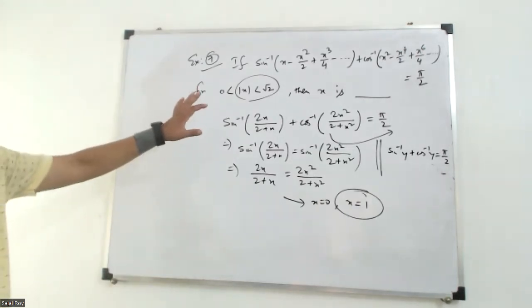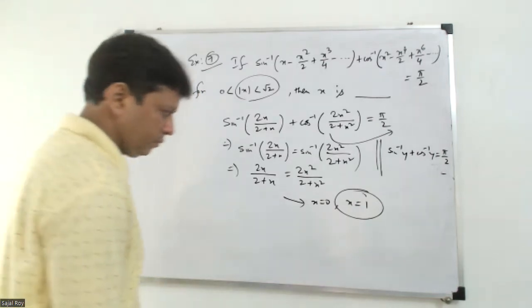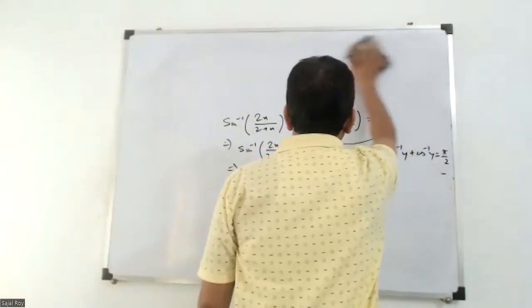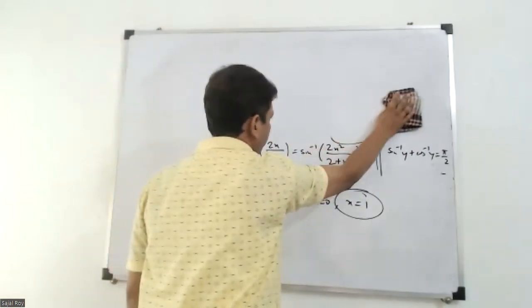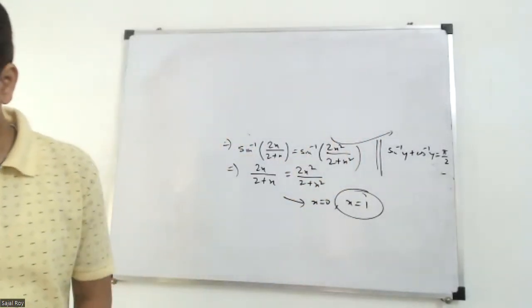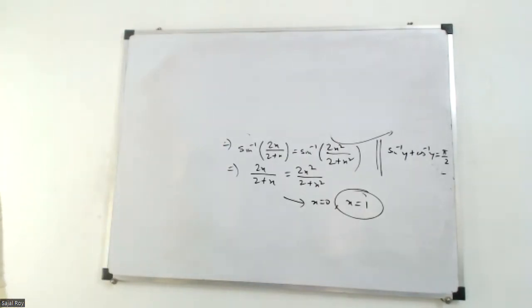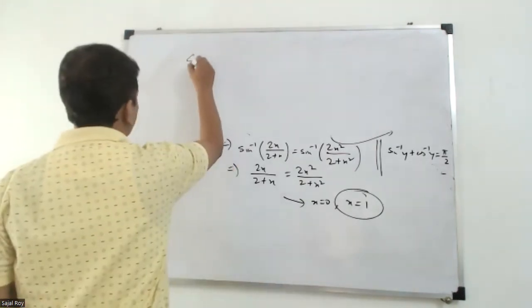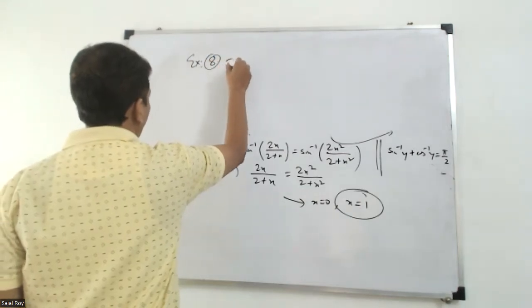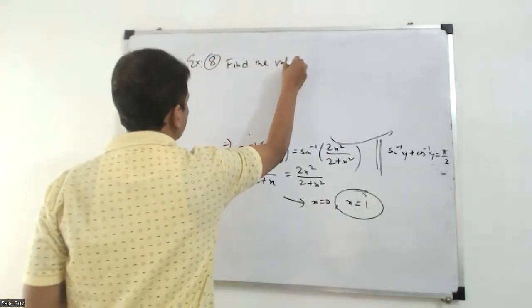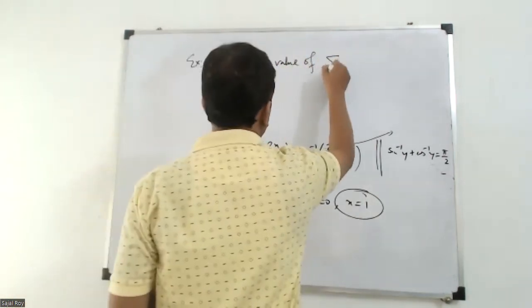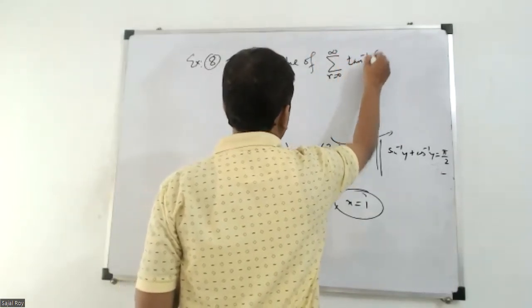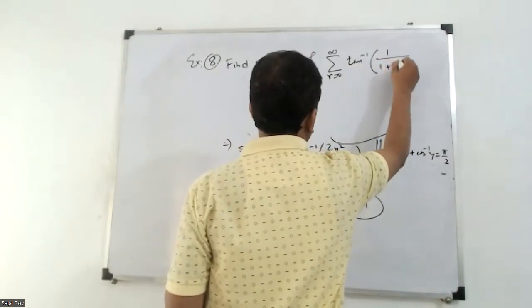So this is an integer type question. Next, find the value of the summation r equal to 0 to infinity of tan inverse 1 by 1 plus r square.